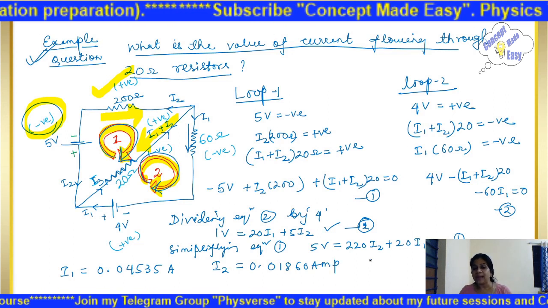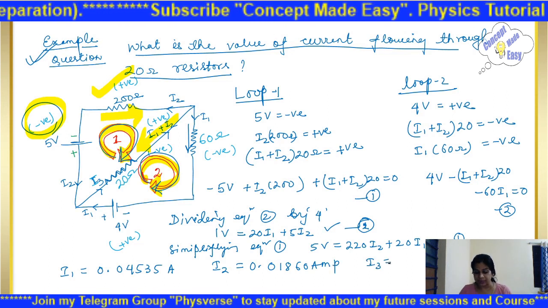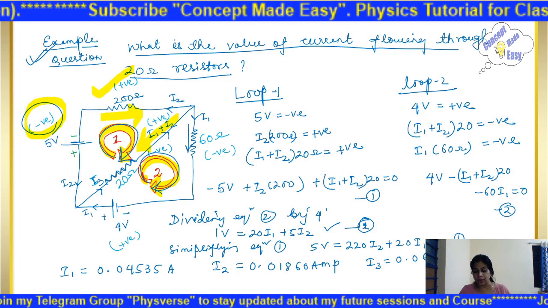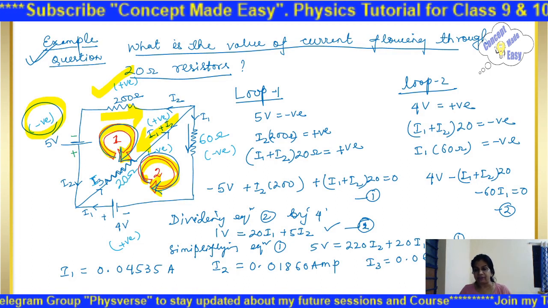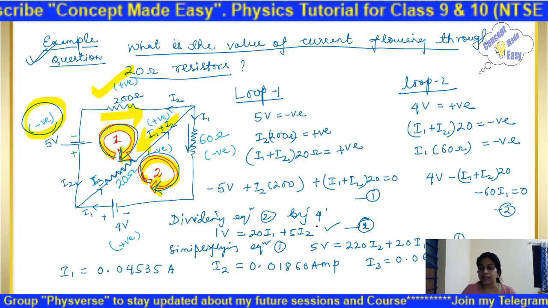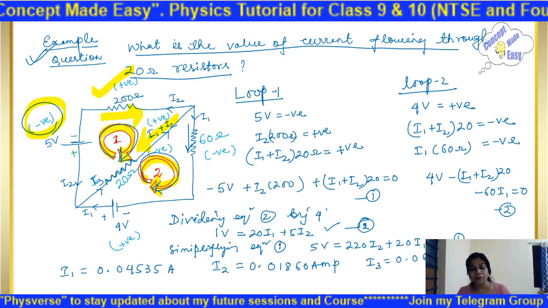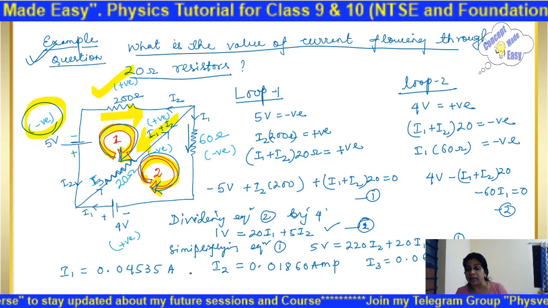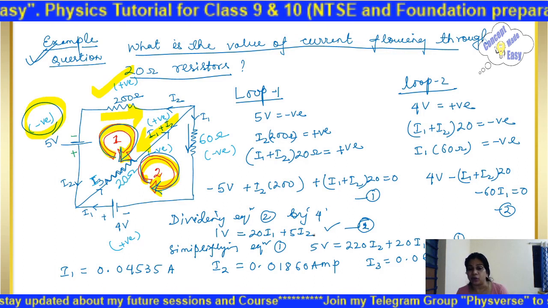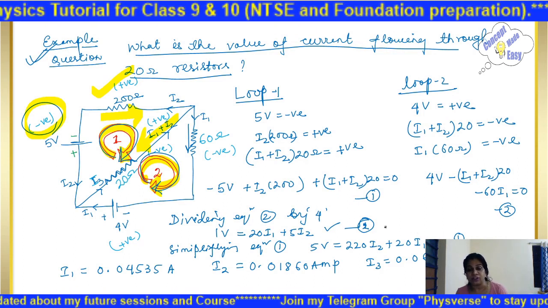So by combining I1 plus I2, you will get I3 is equal to 0.6395 ampere. One doubt will come to your mind: how do we get the individual values of I1 and I2 from the simplified equations 1 and 2?